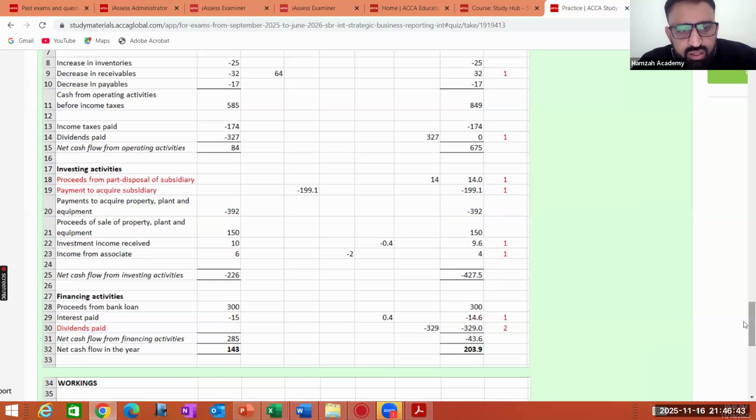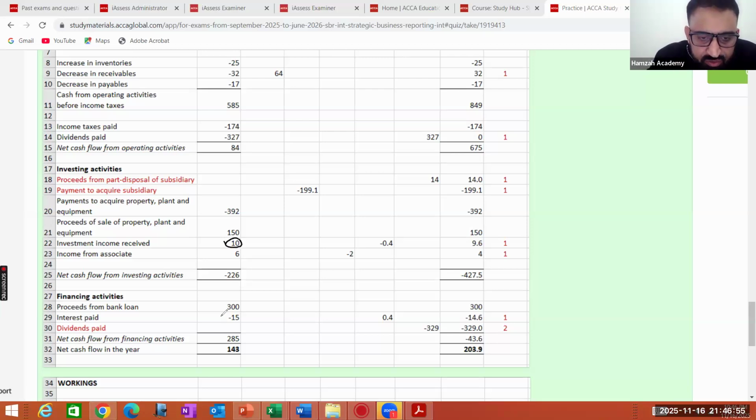Now, what would be the impact? The parent company has received the interest, so they have shown it as a receipt under the investment category. And the subsidiary company has paid the interest, so they have shown it under the financing activity. Now that needs to be eliminated. So interest received will be eliminated from investment and interest paid eliminated from financing.